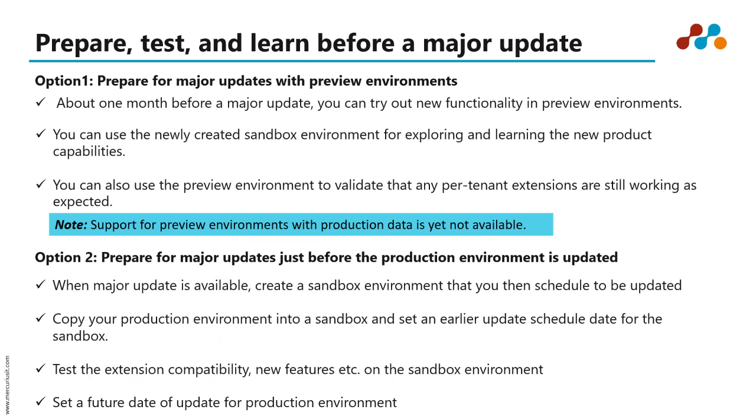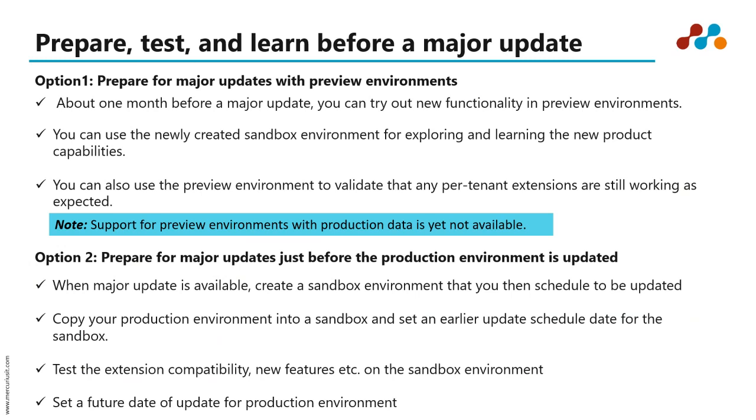When a major update is available, create a sandbox environment that you then schedule to be updated. You can create a sandbox environment with your production data once the update is available and push forward the update date of your production environment. Within that window, you copy the production environment into a sandbox and set an earlier update date for the sandbox.